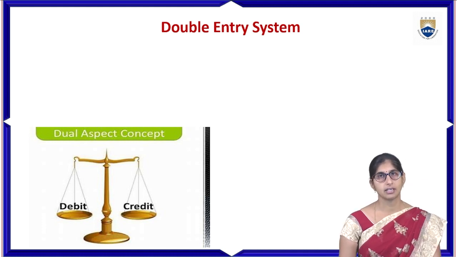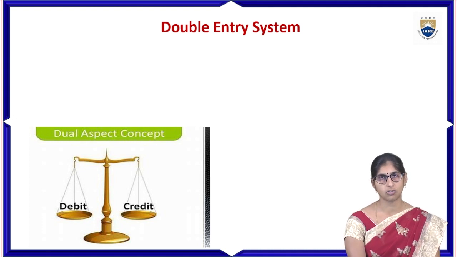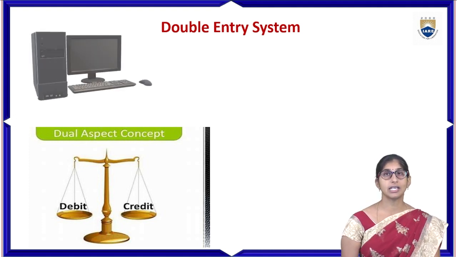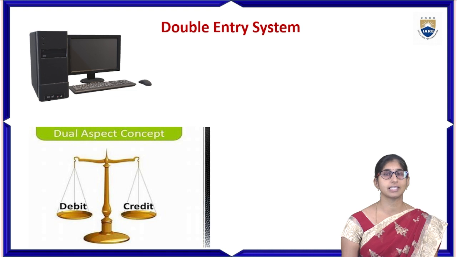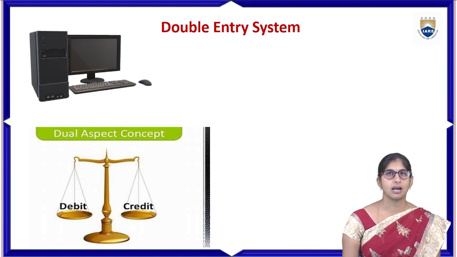Because the double entry system itself says that we are going to have a twofold effect in the accountancy system. This is a perfect accountancy system. We require a lot of knowledge to do this.